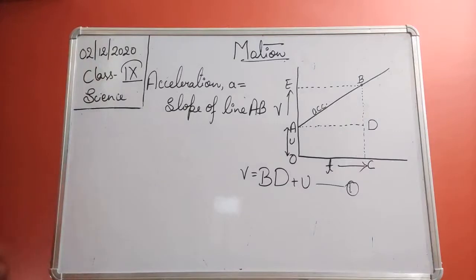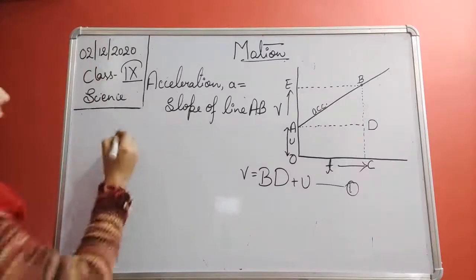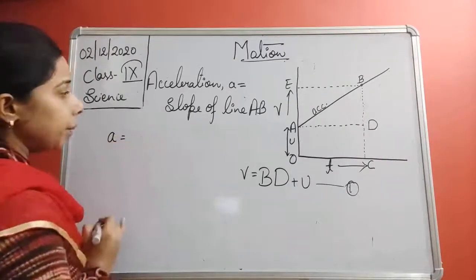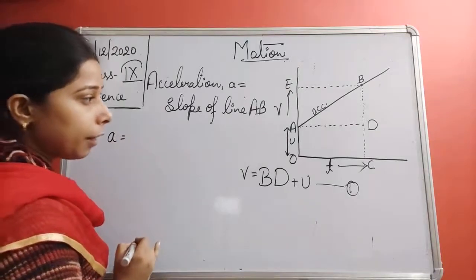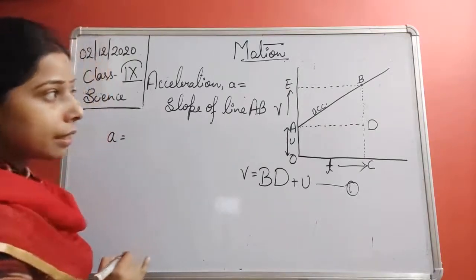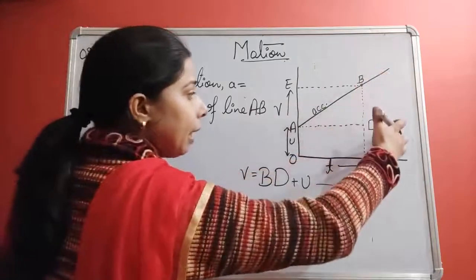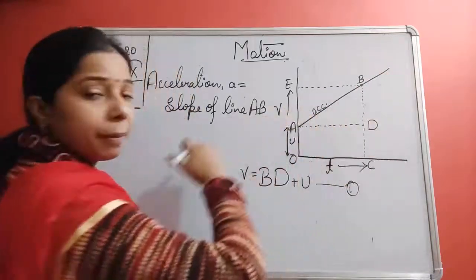And how can you find the value of the slope? So now we can say acceleration will be equal to velocity upon time. So we can also write it like BD upon AD.